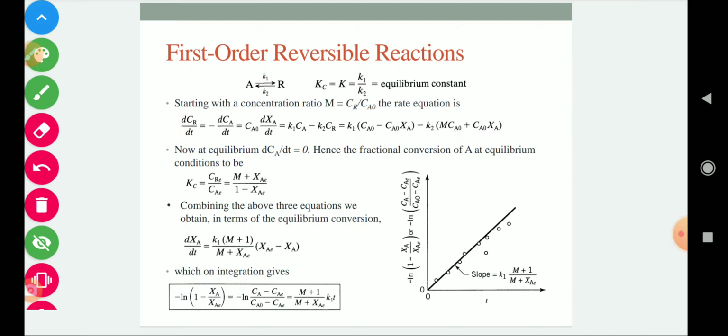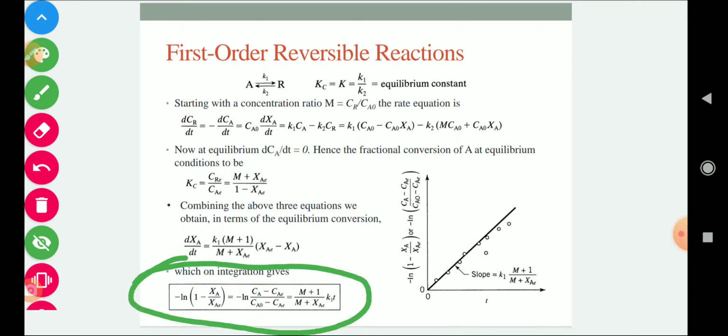So if we combine these three equations, we obtain it in terms of equilibrium conversion. So this dXA by dt equals k1 (M plus 1) upon (M plus XAe) into (XAe minus XA), which on integration gives this.